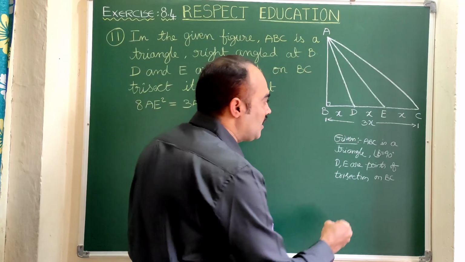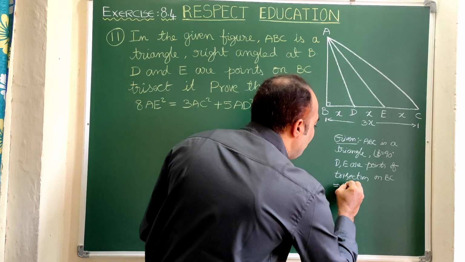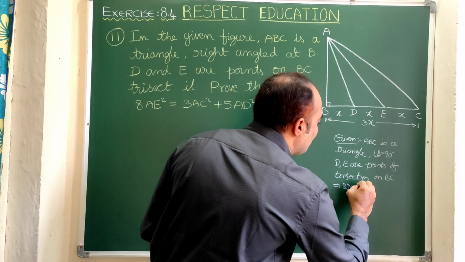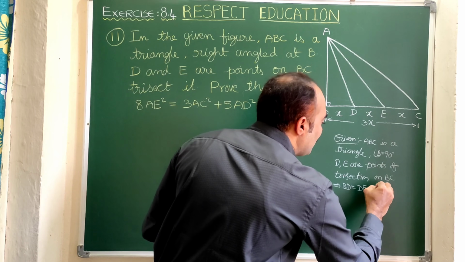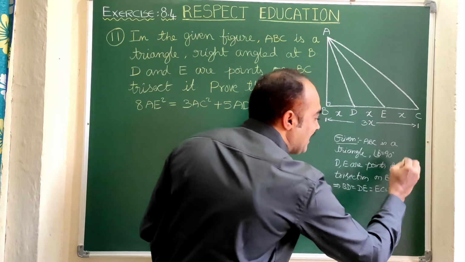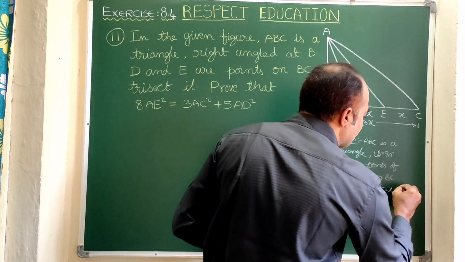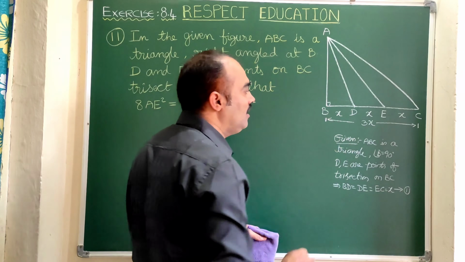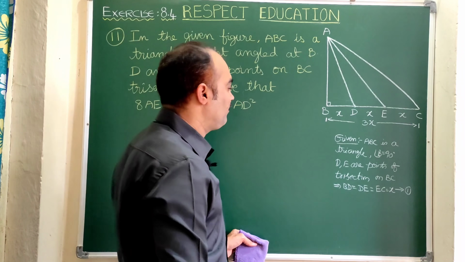That means here we can say BD is equal to DE is equal to EC, each is X. So here let us consider this as 1. It may be helpful for the further problem.